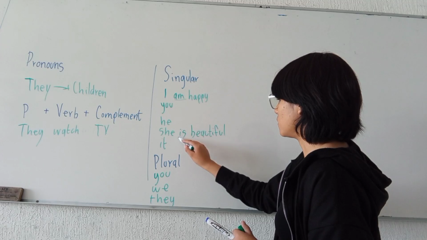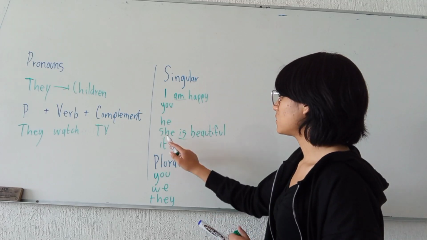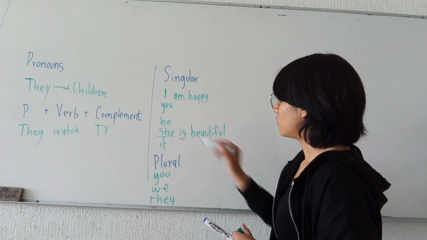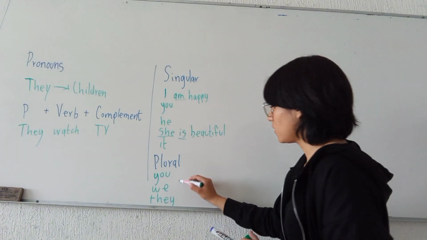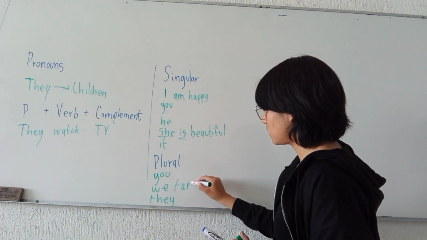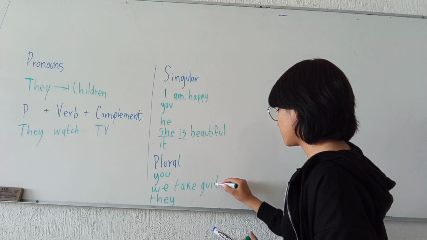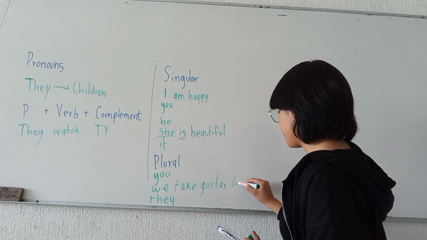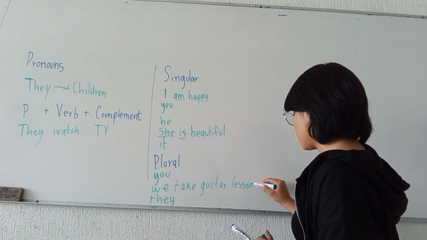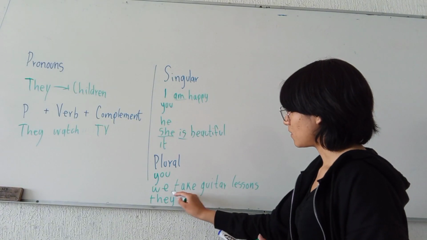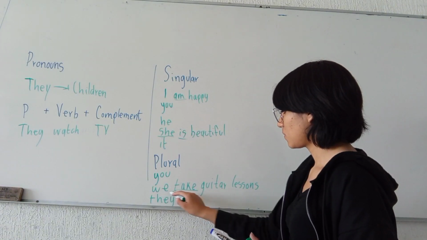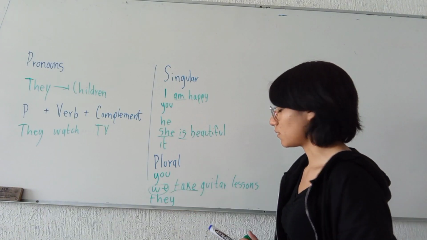Here we are also using the verb to be, and it is before the noun. Or we take guitar lessons. As you can see, the verb is before the noun.